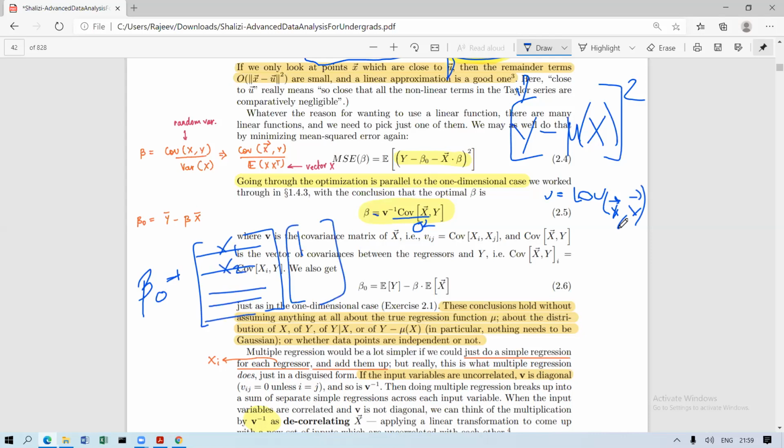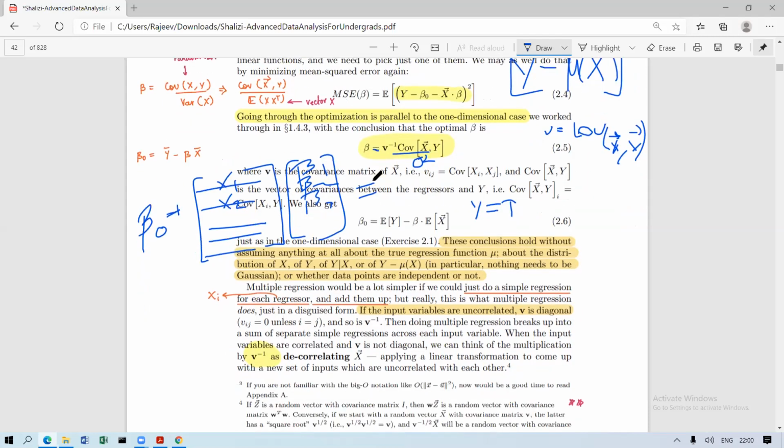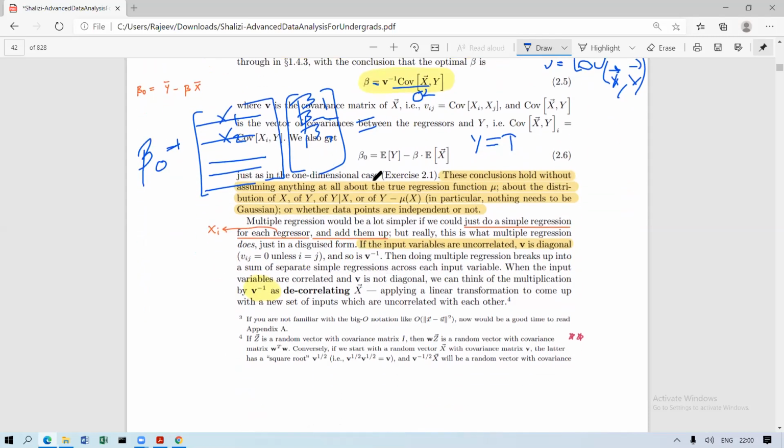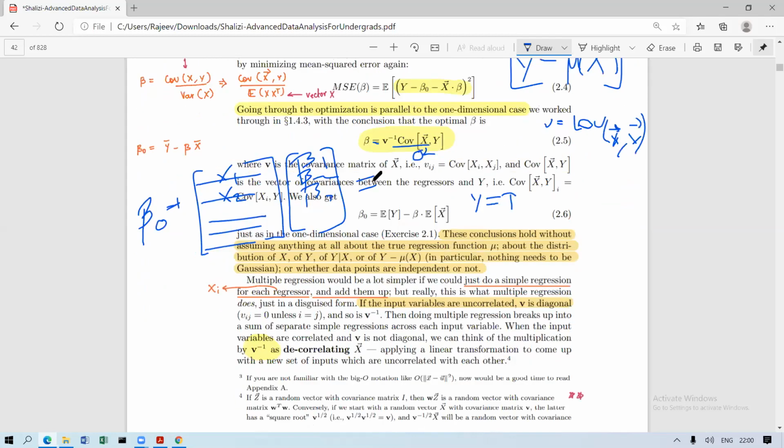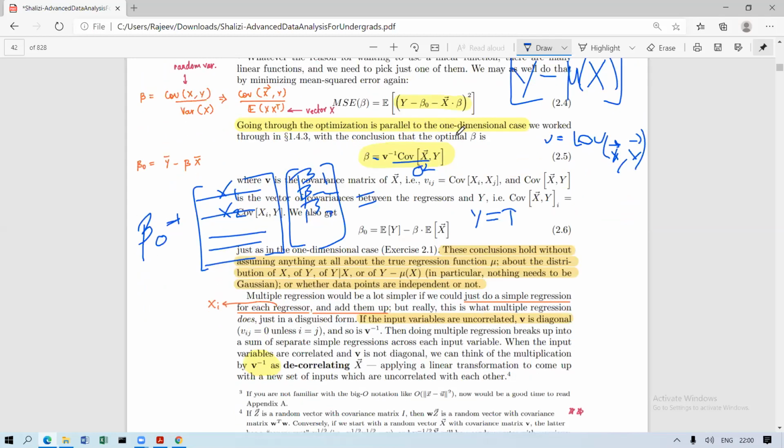This will be your beta features, beta 1, beta 2, beta 3. If you equate that, you will get your y. So it expands to y equals beta 0 plus beta 1 x1 plus beta 2 x2 plus beta 3 and so on. That's just writing it in matrix format. So what you get is this: beta equals V inverse times the covariance of x and y, where V is the covariance of x itself.